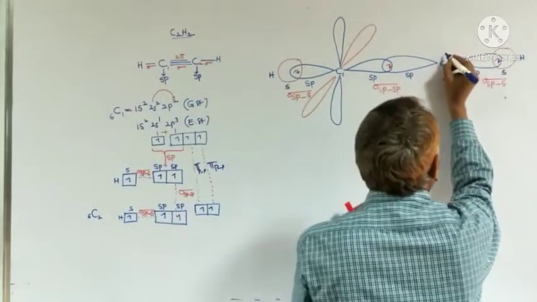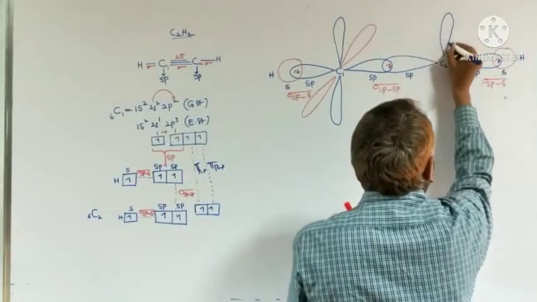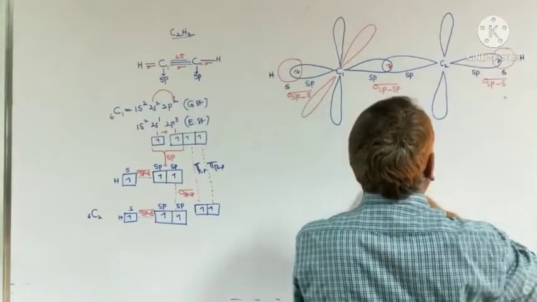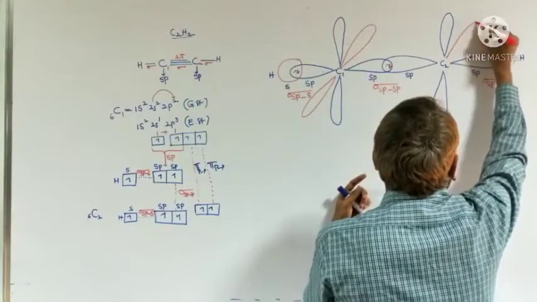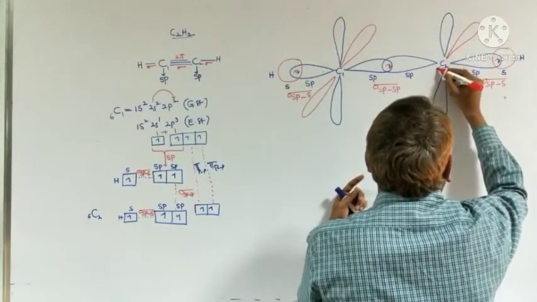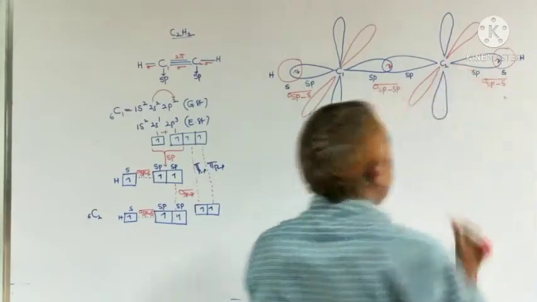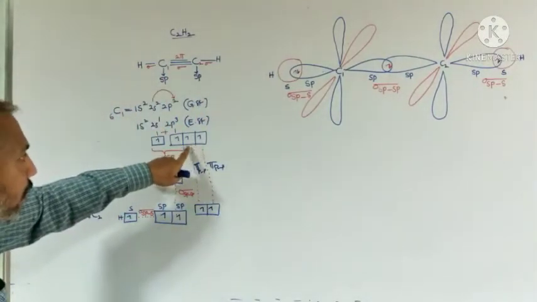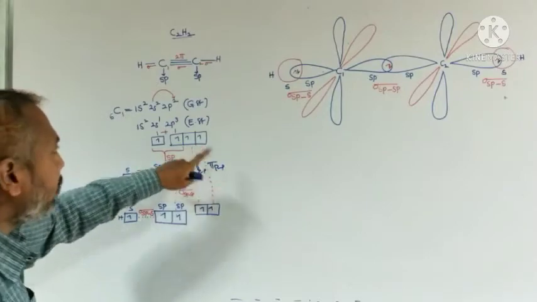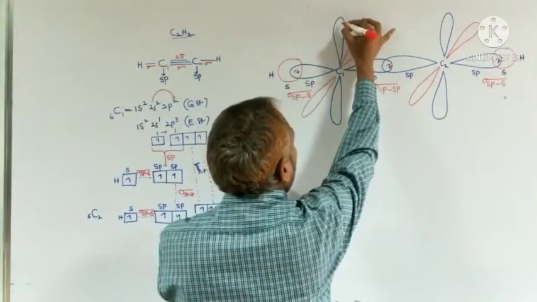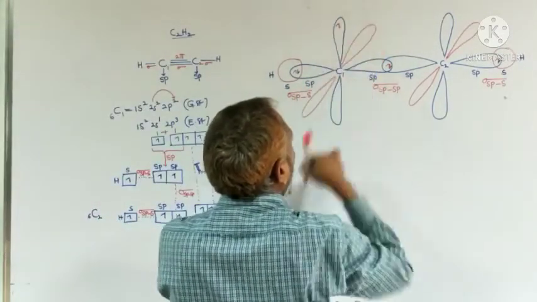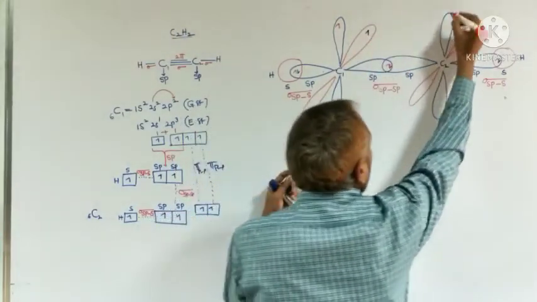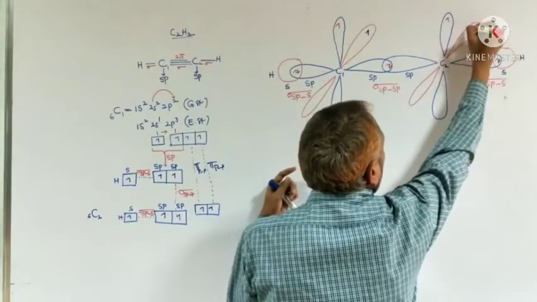The C2 carbon also has two unhybrid orbitals. How many electrons are there? The two unhybrid orbitals of the C1 carbon contain two unpaired electrons, one electron each, and the C2 carbon also has unpaired electrons.